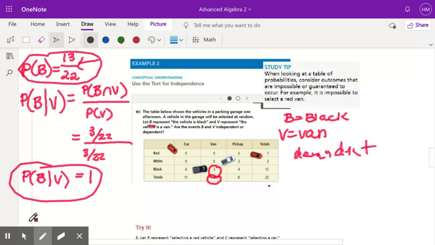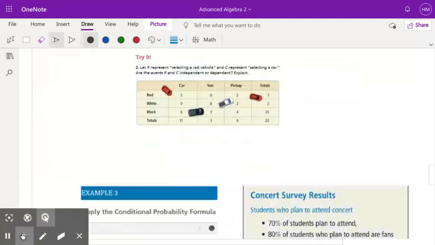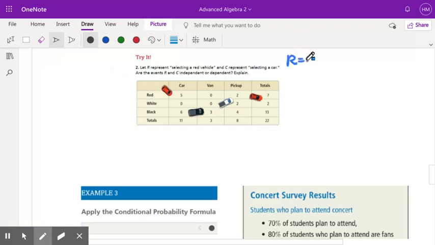I wrote dependent. Now this one is in your workbook, so let R represent selecting a red vehicle, and C represent selecting a car. Are those independent? So let's find the probability of a red vehicle.